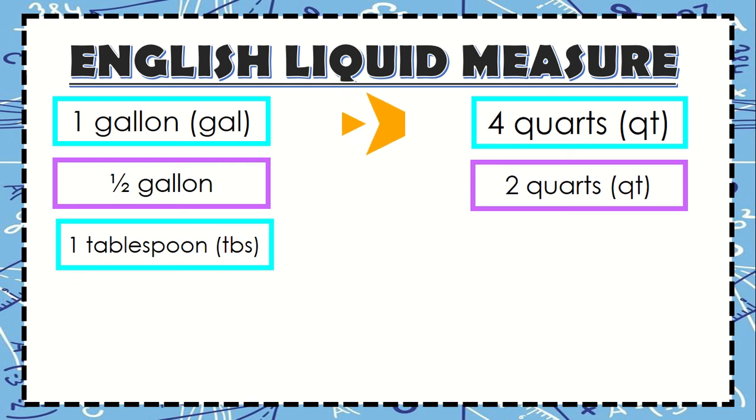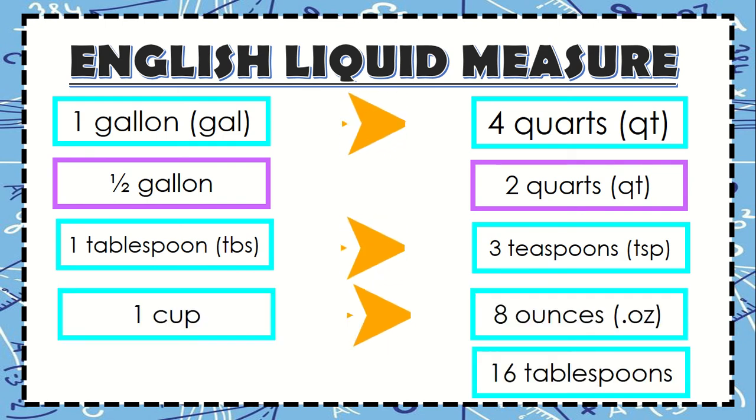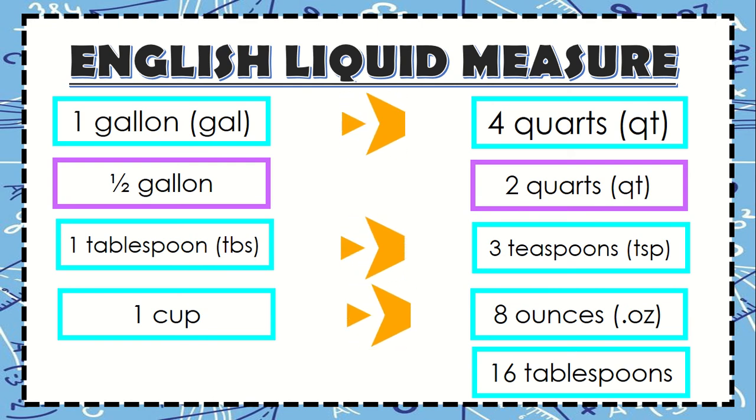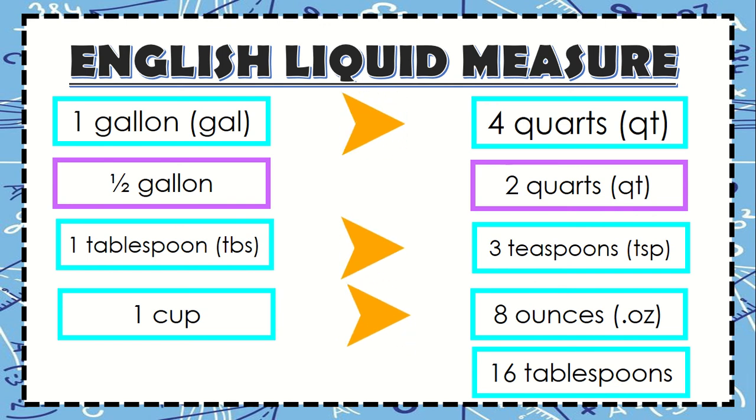Next, 1 tablespoon. 1 tablespoon is equivalent to 3 teaspoons. So, kapag meron tayong 1 cup, meron tayong 8 ounces or 16 tablespoons. Kapag tinanong naman kung ilang teaspoons ang meron sa 1 cup, 16 times 3 will give us 48. So, there are 48 teaspoons in 1 cup.